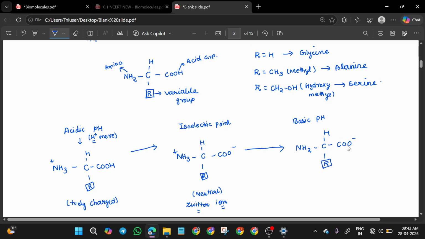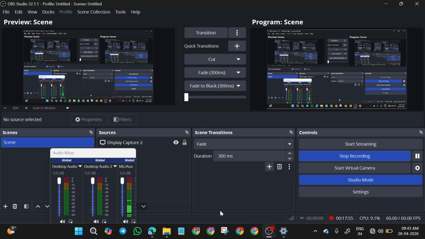Here it becomes COO minus, and this becomes NH2, because the hydrogen there is removed, because OH is removed. Now the overall charge will be negative. So this amino group, this carboxyl group and this R group, these three groups decide the structure of the amino acid. How its structure changes and how its charge changes in a solution is decided by these only. So that we can see.